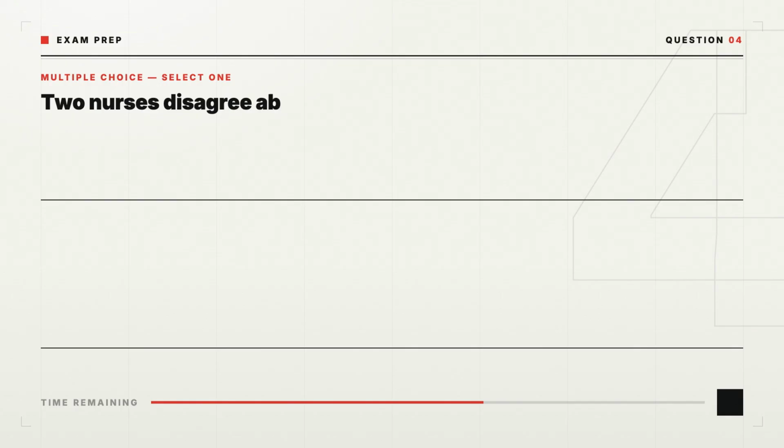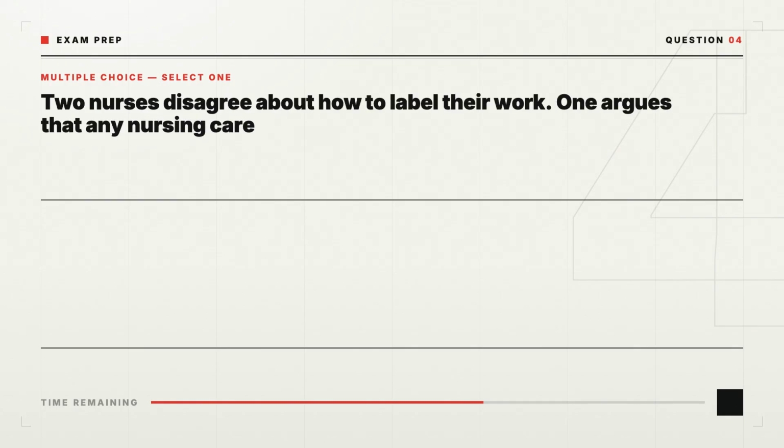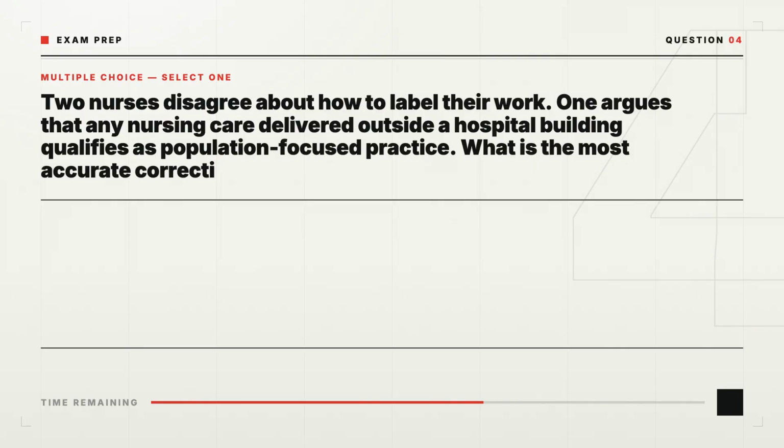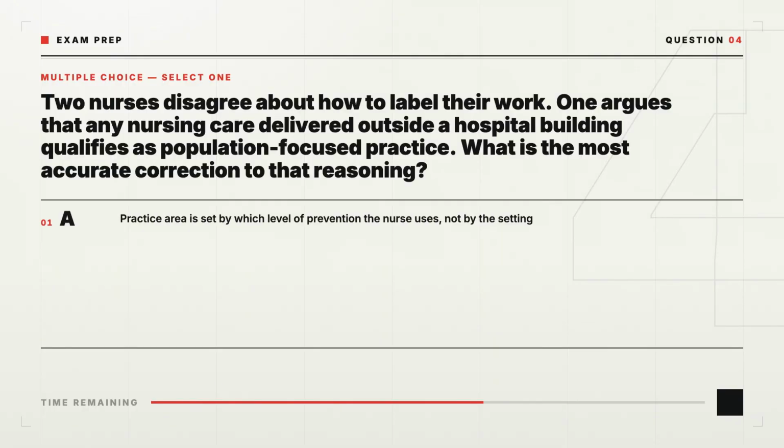Question 4. 2 nurses disagree about how to label their work. One argues that any nursing care delivered outside a hospital building qualifies as population-focused practice. What is the most accurate correction to that reasoning? Your options are: A. Practice area is set by which level of prevention the nurse uses, not by the setting.